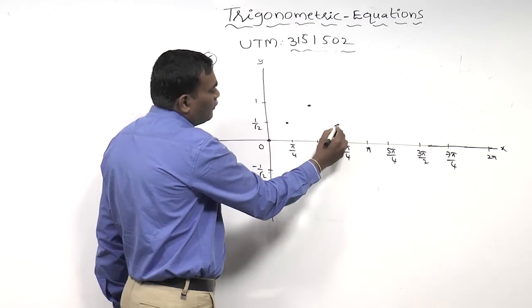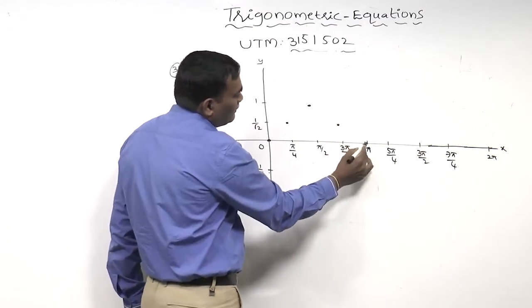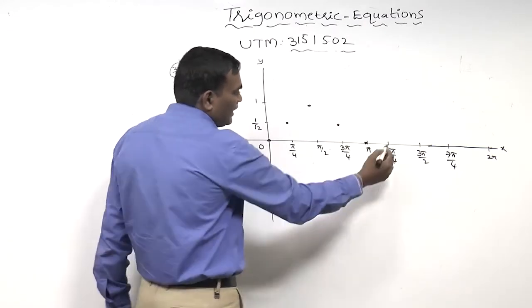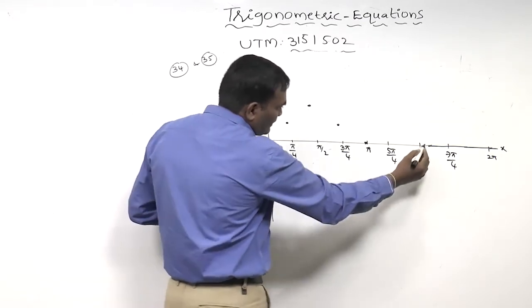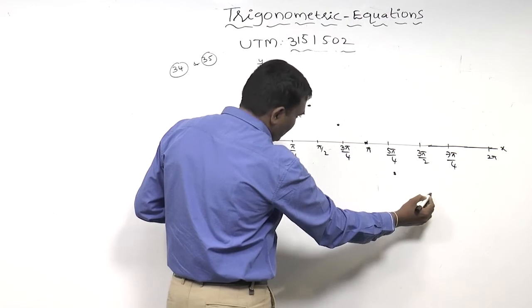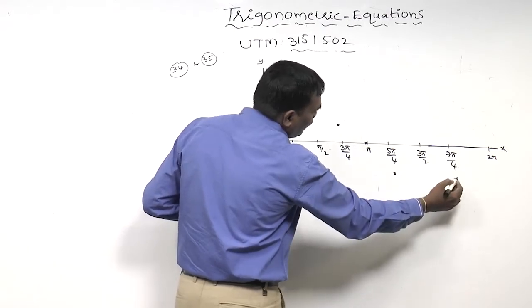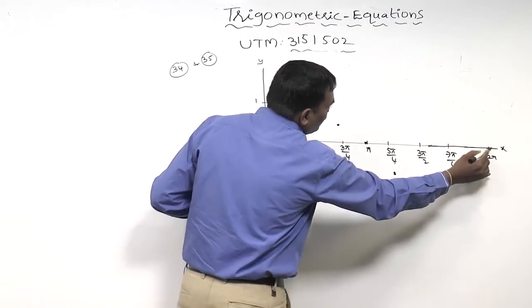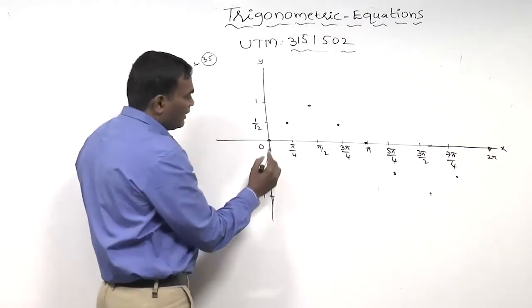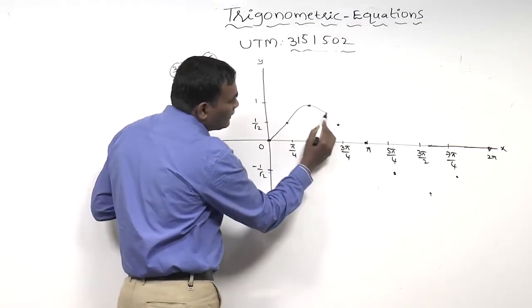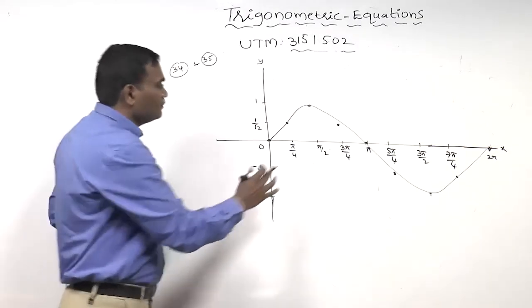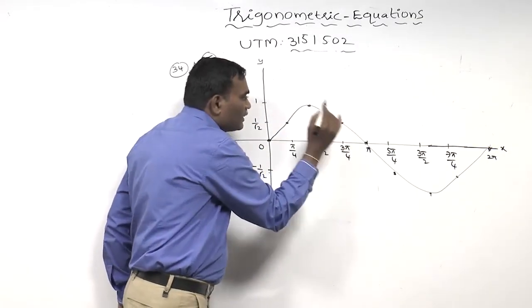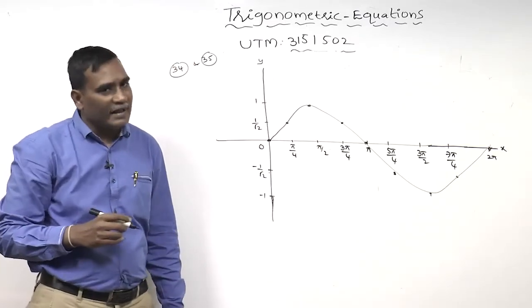Sin 3 pi by 4 is 1 by root 2. Sin pi is 0. Sin 5 pi by 4 is negative, minus 1 by root 2. Sin 3 pi by 2 is minus 1. Sin 7 pi by 4 is minus 1 by root 2, and sin 2 pi is 0. It forms one curve like this. This is y is equal to sin x.